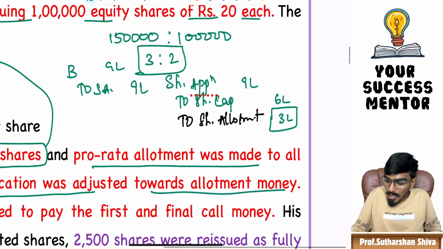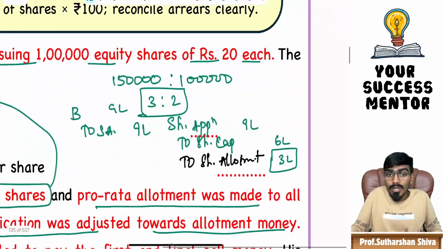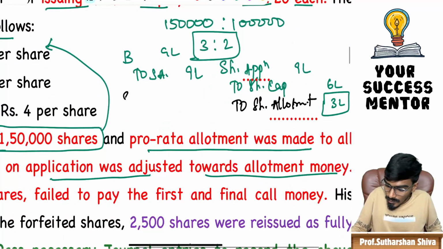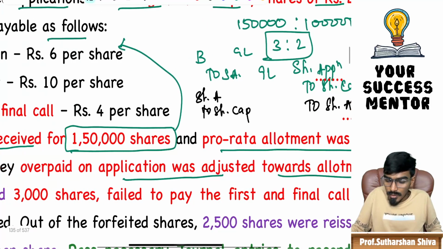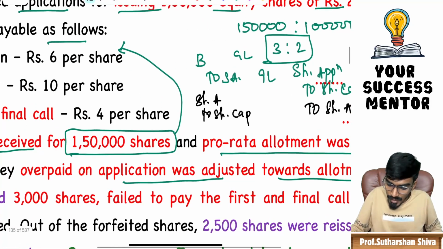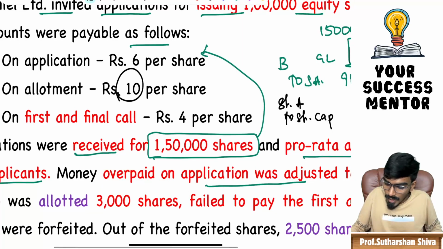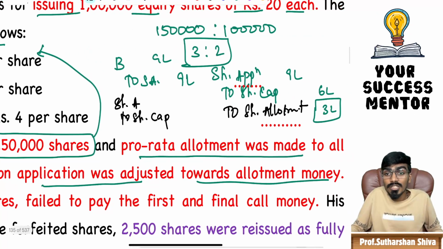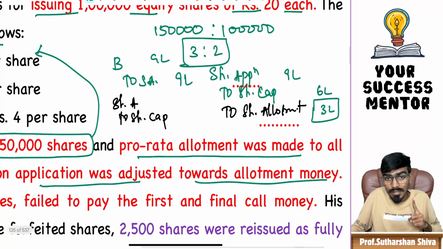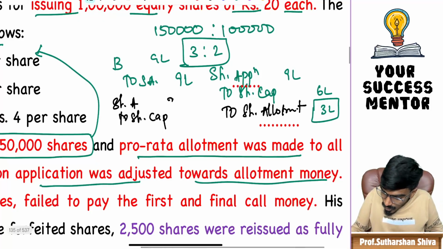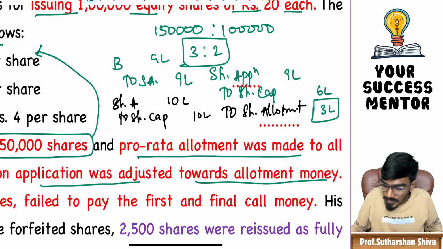Now comes the share allotment due entry. Share allotment to equity share capital. How much are they expecting? 10 rupees from 1 lakh shares, from all the shareholders, which is 10 lakh.